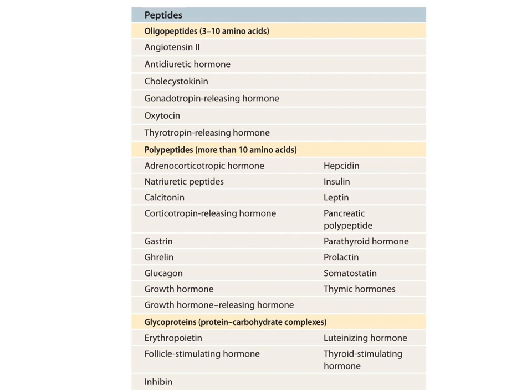You also have glycoproteins. Remember, glycoproteins are composite structures. The main component of the chemical is a protein, but it has a carbohydrate attached to it. So this is a protein with a carbohydrate addition. And you'll find things like erythropoietin and luteinizing hormone in that particular category.